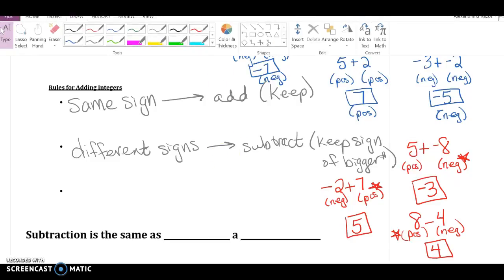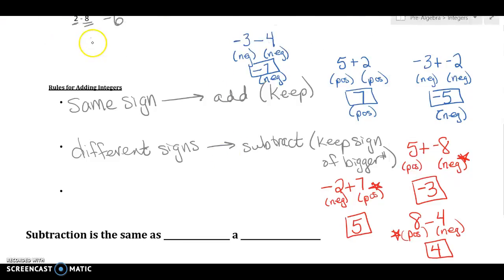Okay? The last rule I have is that if two negatives are touching, you circle them and they become positive. Okay, you cannot do this if there is a number in between them. You can do it if it looks like this.